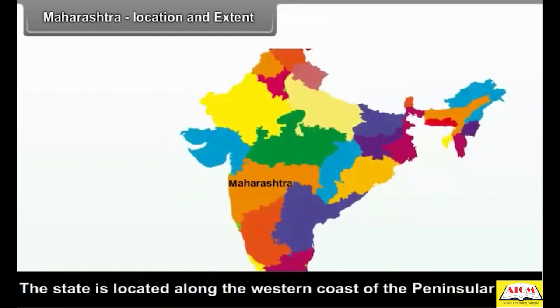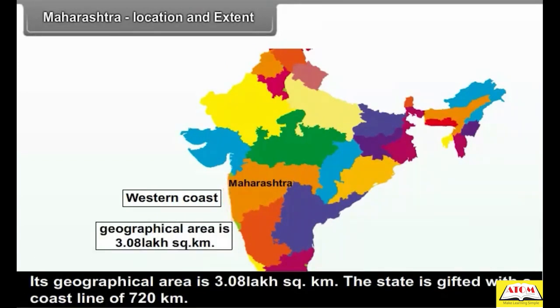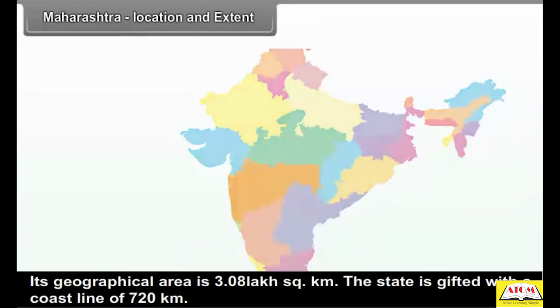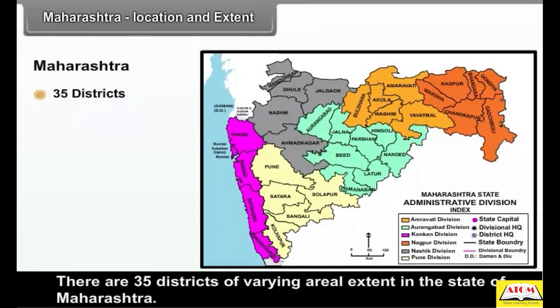The state is located along the western coast of peninsular India. Its geographical area is 3.08 lakh square kilometers. The state is gifted with a coastline of 720 kilometers. There are 35 districts of varying areal extent in the state of Maharashtra.